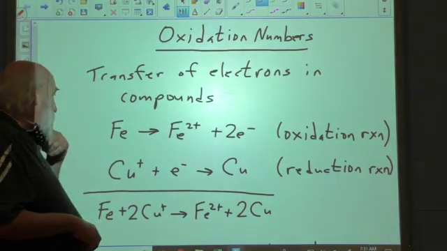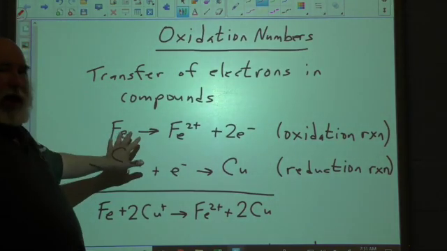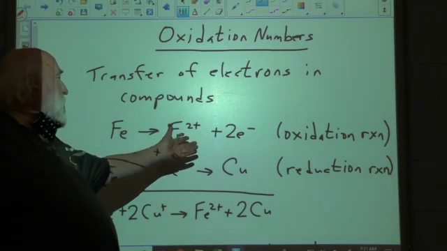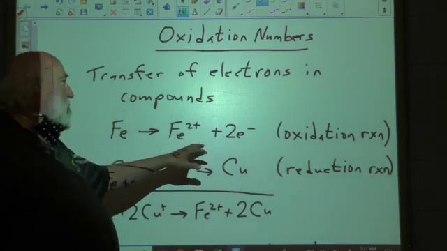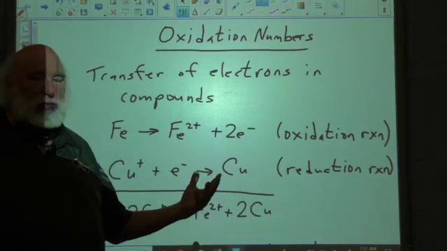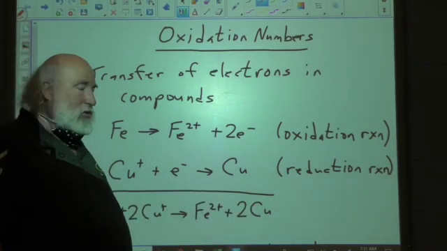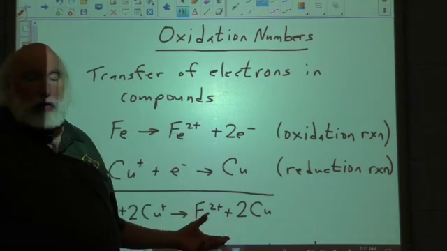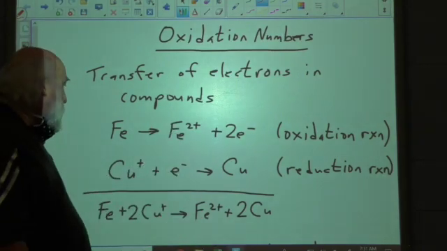And this is an example right here. You take an iron atom and you can change it to an iron 2 positive ion by removing 2 electrons. Now that's nothing earth-shattering. We've done that since we talked about ions. But this is the same process that can also occur with covalent substances as well.